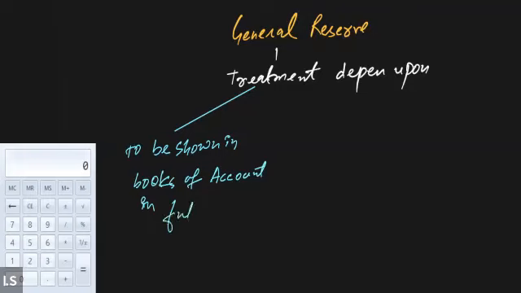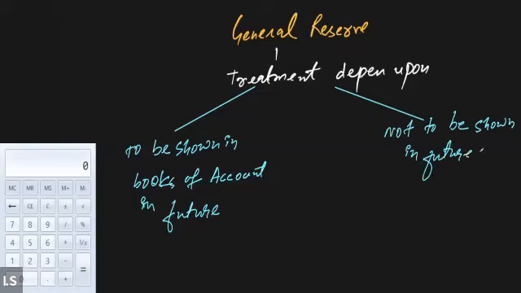Number one. The second situation could be where partners have decided not to show the general reserve in the future books of account. So there are two possible situations of treatment.